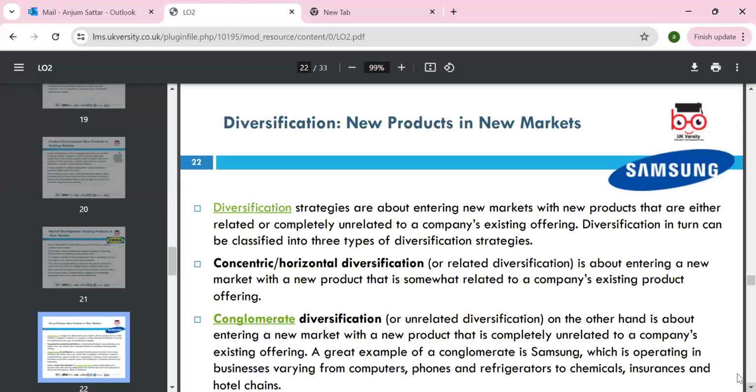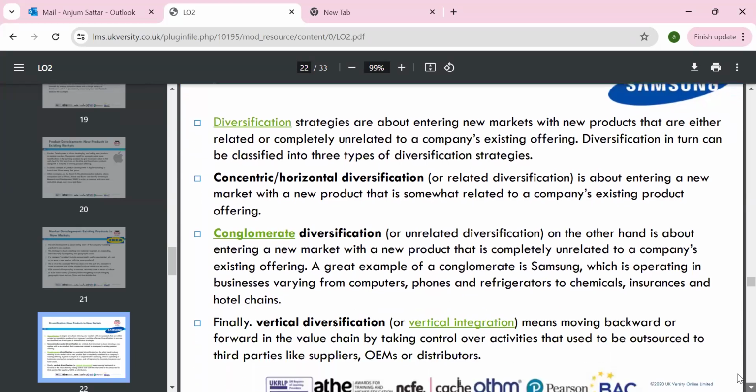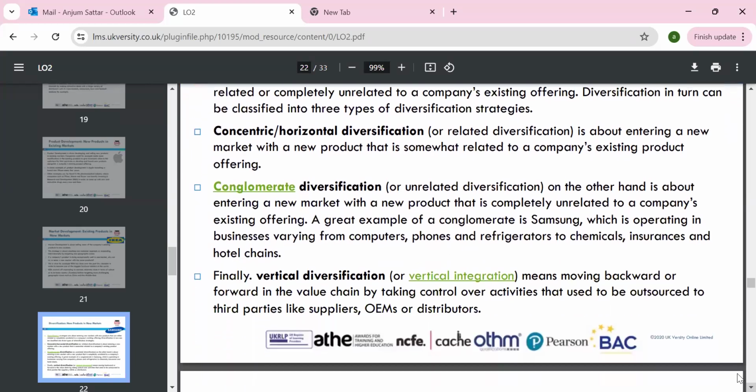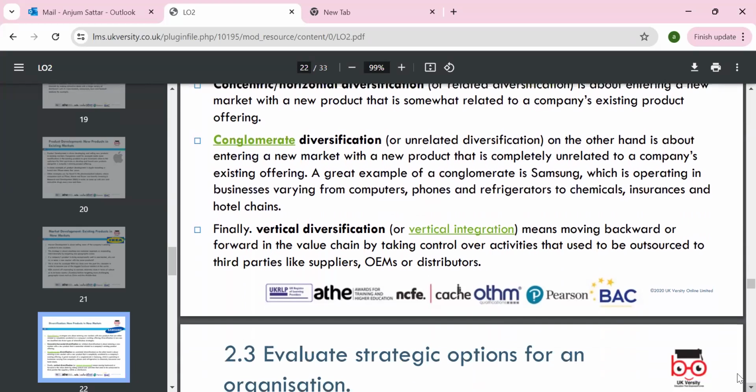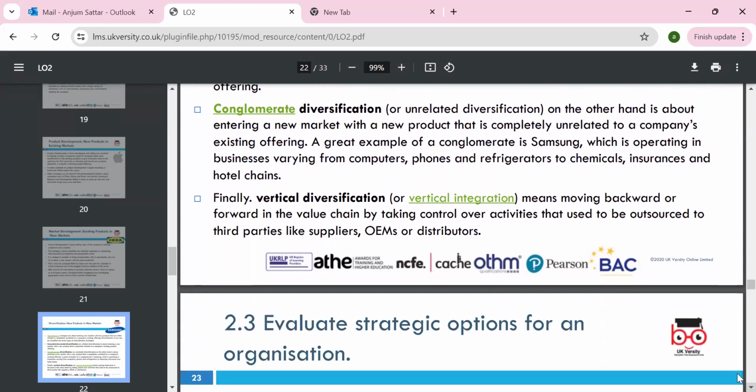We can look at concentric, horizontal, or conglomerate diversification, which is unrelated, entering a new market with a new product. Also vertical integration means moving backward or forward in the value chain and taking control of activities you used to outsource, making things more effective and economically viable.